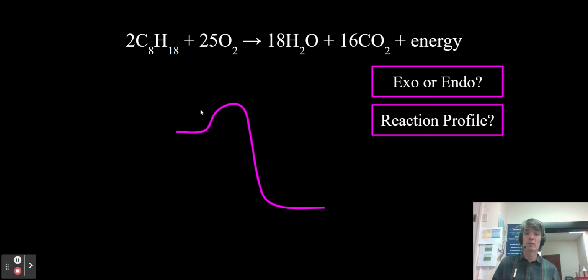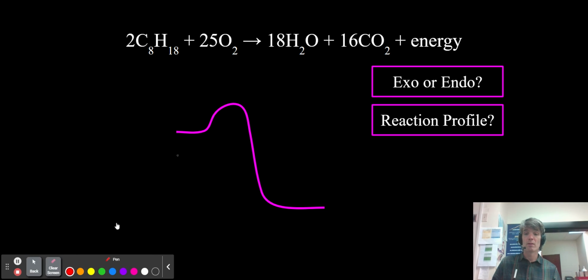You wouldn't necessarily know based upon this how big to make the bump. But you just want to make sure you make the bump. You don't want to draw it like this. Oh, I didn't do that right. All right. Not like that. That's not right.